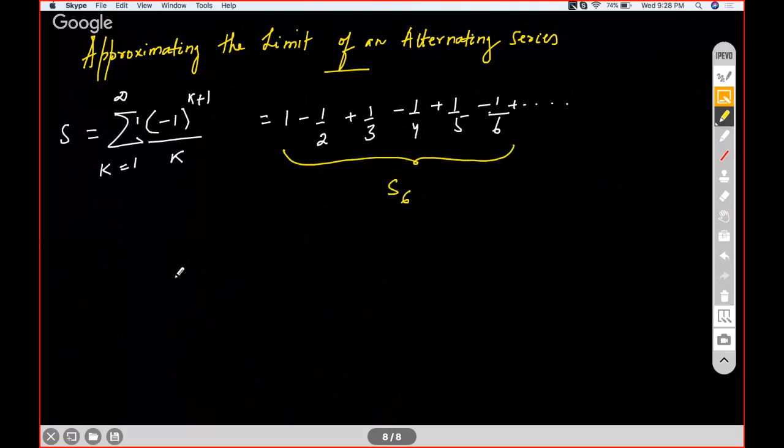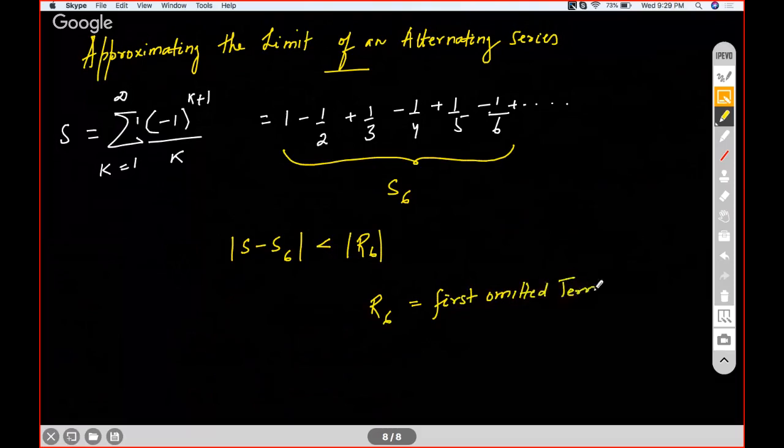Now, the theorem says that if you want to approximate an alternating series by taking S6, remember that there will always be an error in this, which would be lesser than the modulus of the first omitted term. We call the error R6. R6 is basically nothing but the first omitted term in that series?